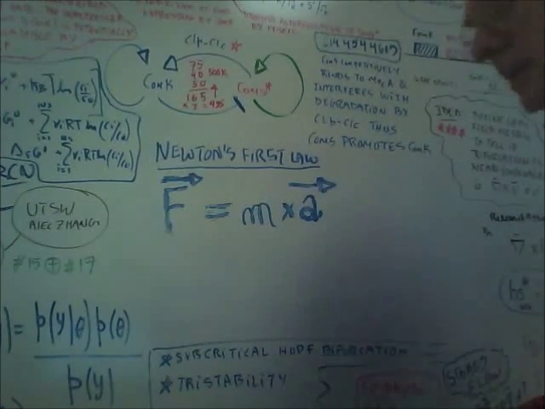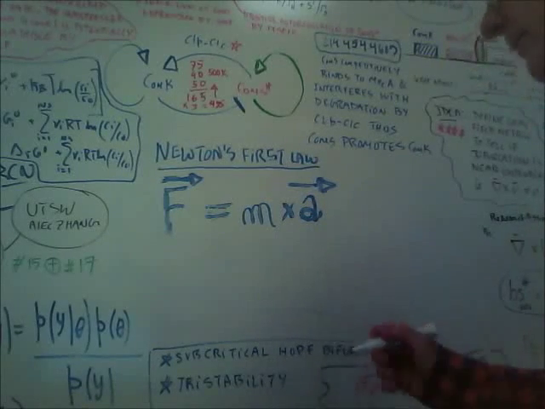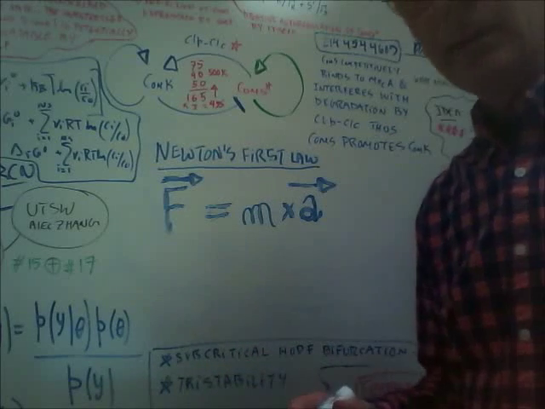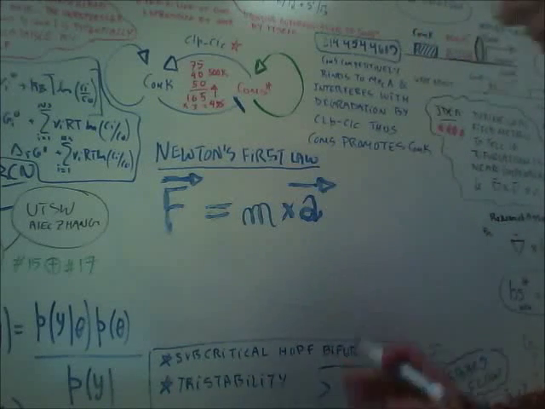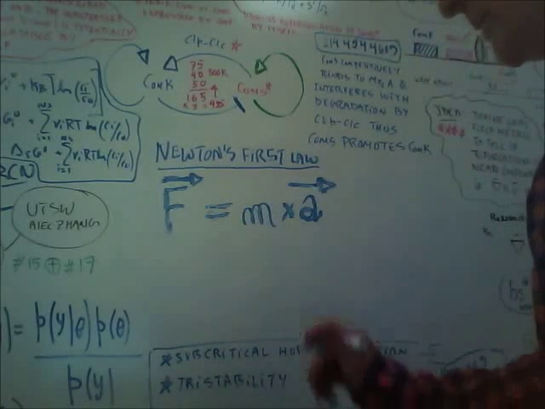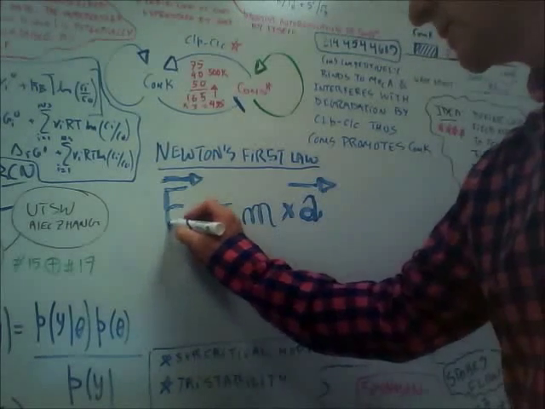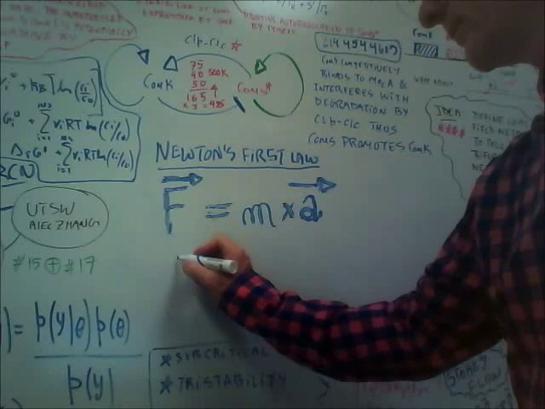I want to talk a little bit about the concept of vectors, because this is very important. Since I'm not exactly sure what you guys have in your background, it doesn't hurt to just remind ourselves what the meaning is.